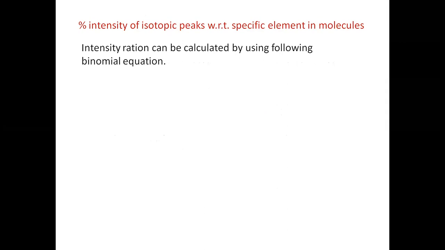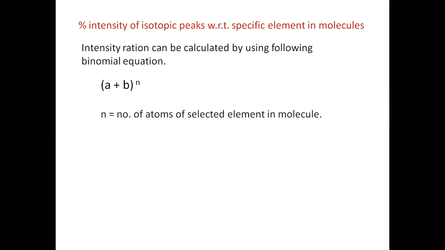For example, this is (A plus B) to the power n. For the calculation, first we should know what n is. n is the number of selected atoms in the molecule we are discussing in mass spectrometry.